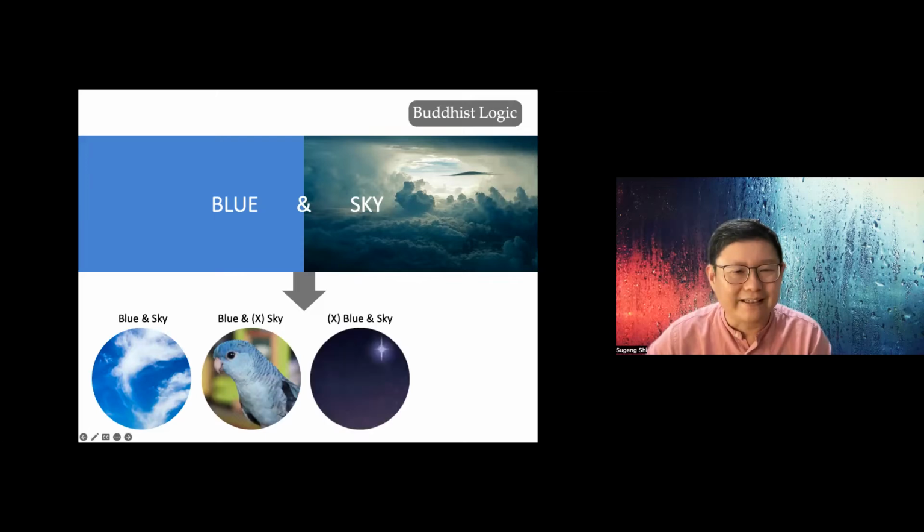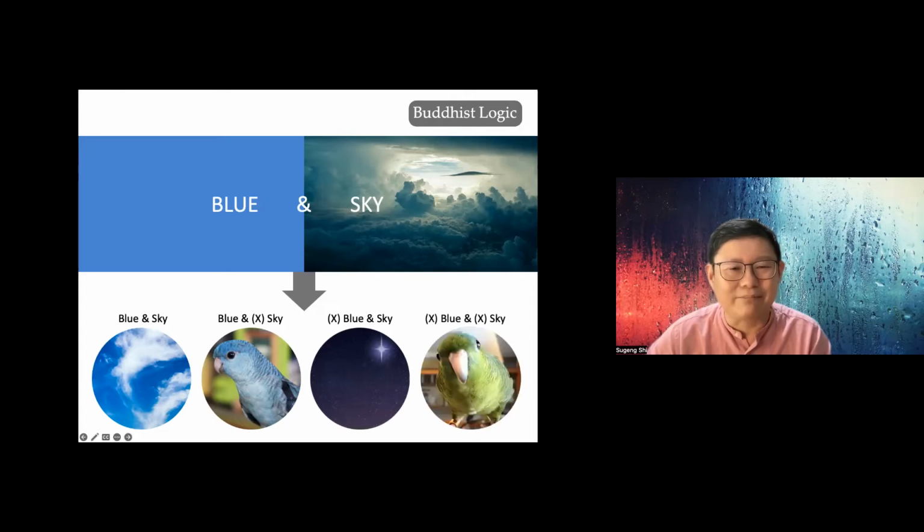And something which is not blue, but sky, so it's a dark sky, night sky. And then something which is not blue and something which is not sky, a bird with other color. Because there are four possible connections, they are not related.